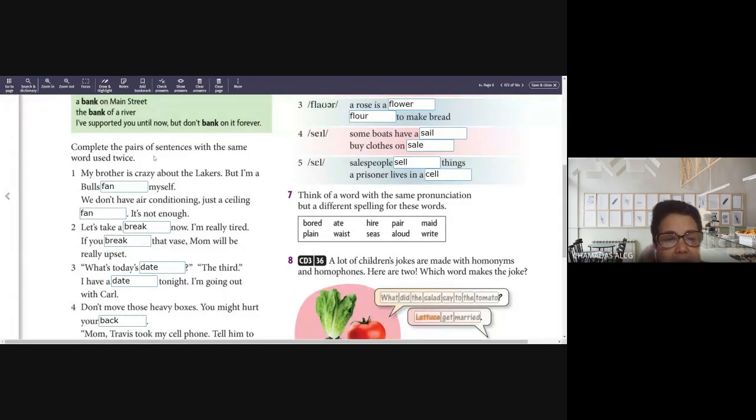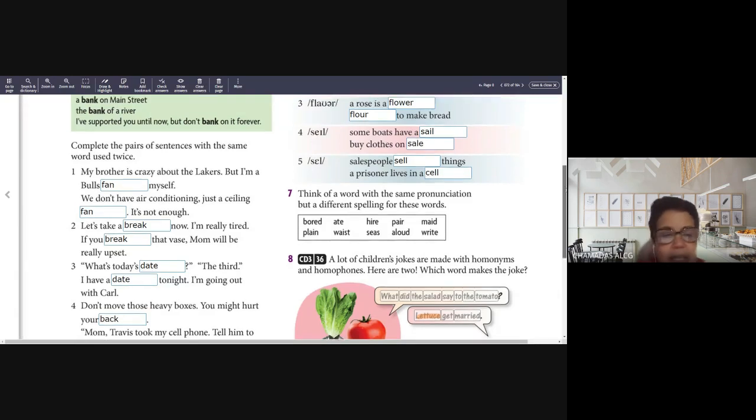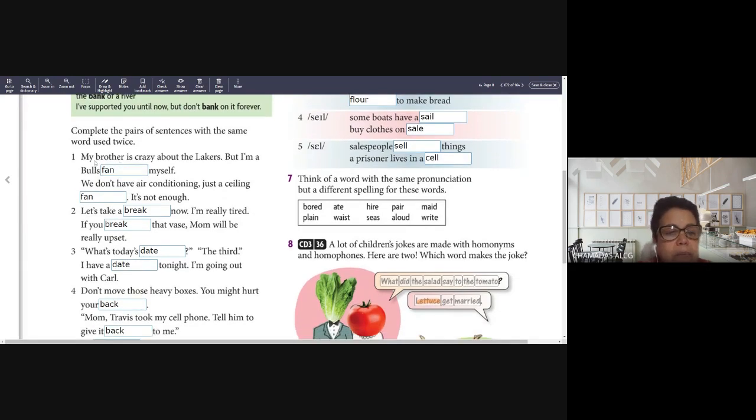Complete the pairs of sentences with the same word used twice. Example. My brother is crazy about the Lakers, but I'm a Bulls fan myself.